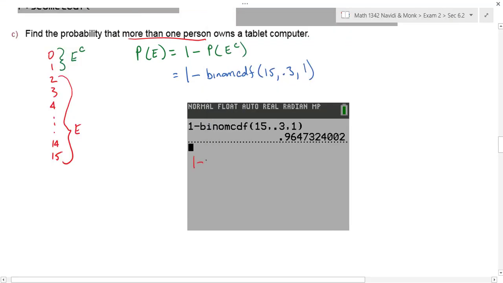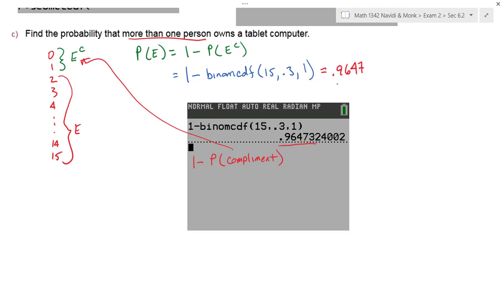This is 1 minus the probability of the complement. The complement here just included the 0 and the 1. And we get 0.9647. Do you remember using the complement to find probabilities before?